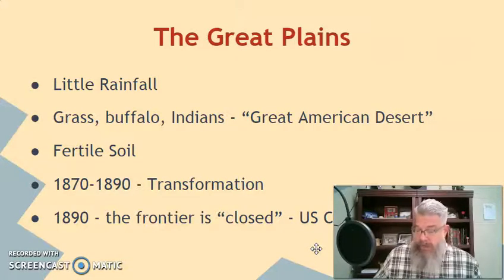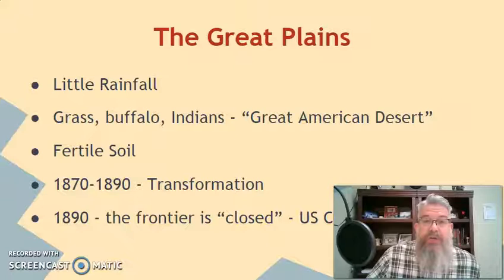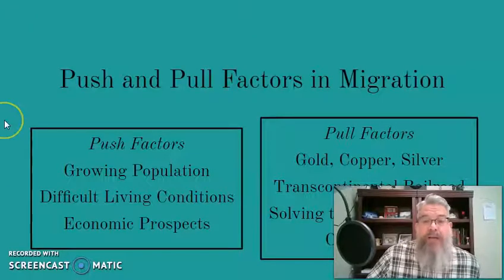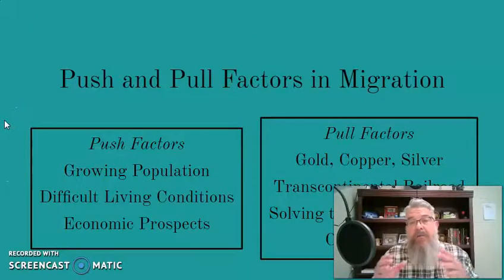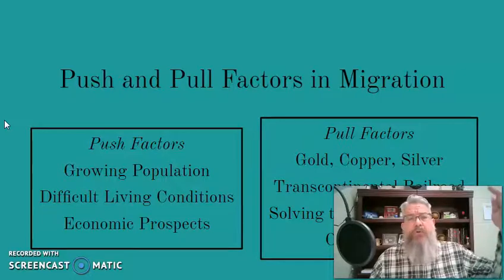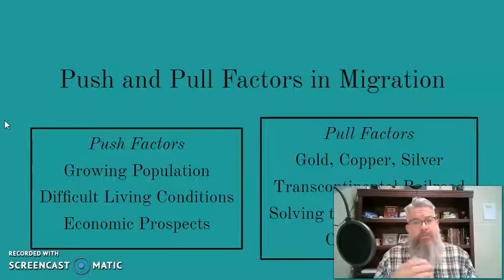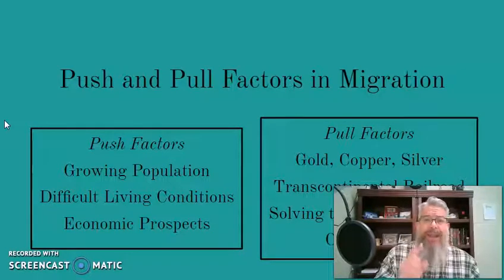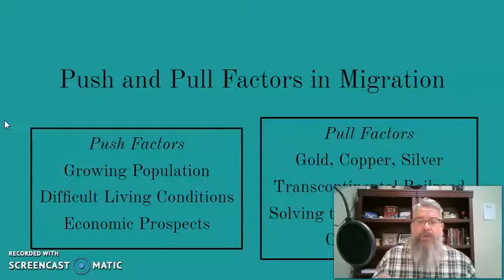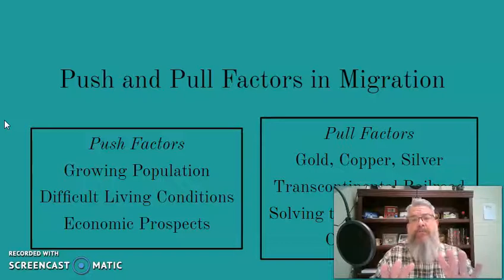Okay. Well, let's look at what's pushing or pulling these people to the west, right? And when we talk about migration, it doesn't matter if it's migration within the United States or migration in some other country or on some other continent or between countries. We have to talk about push and pull factors, right? Push factors are those factors that are pushing people to move out of one area.